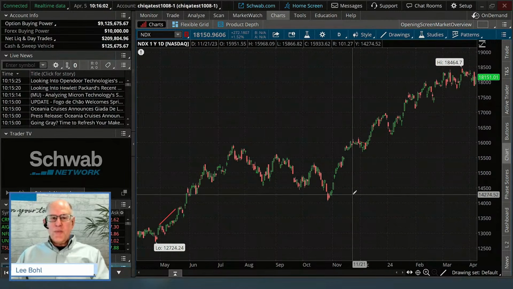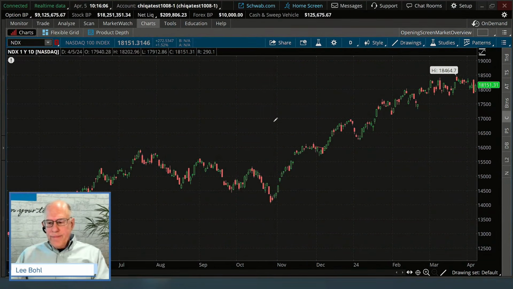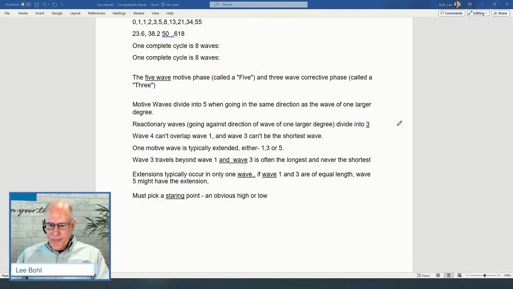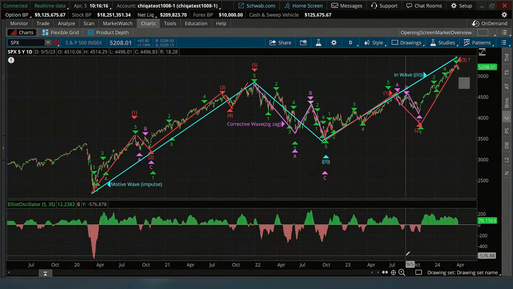All right, so I'm going to change my layout here, and we're going to pull up the S&P 500 with a total wave count on it. Okay, so we have to start with the big picture.